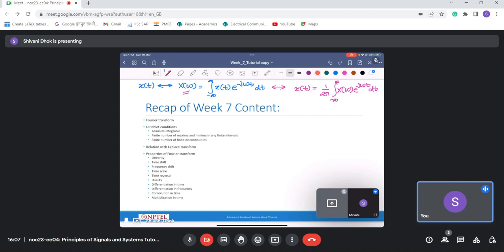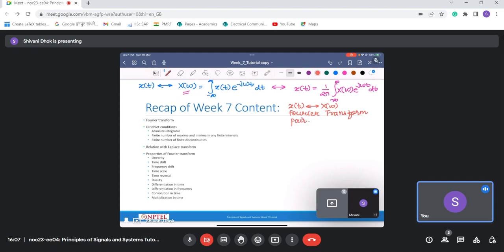And it was said that this x of t and x of omega form a Fourier transform pair.